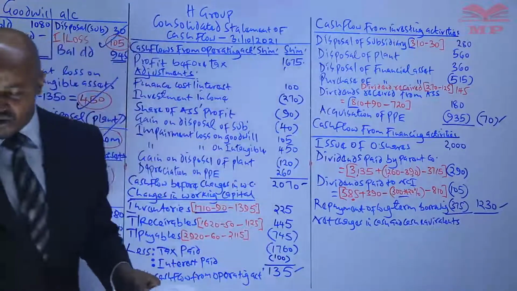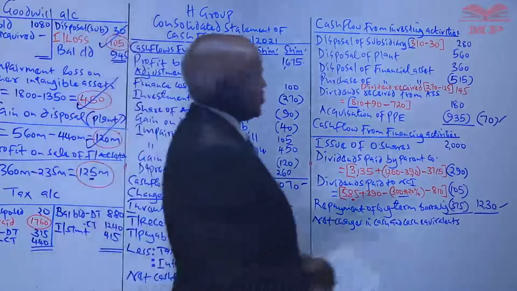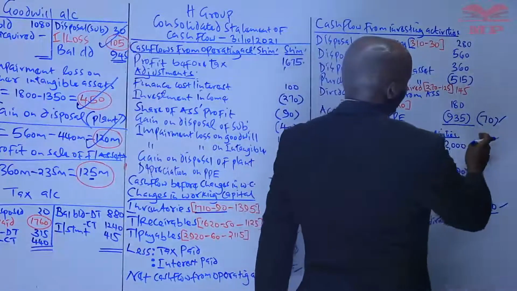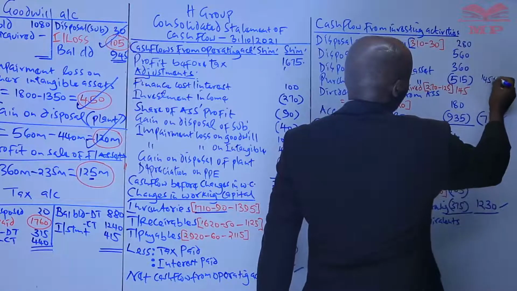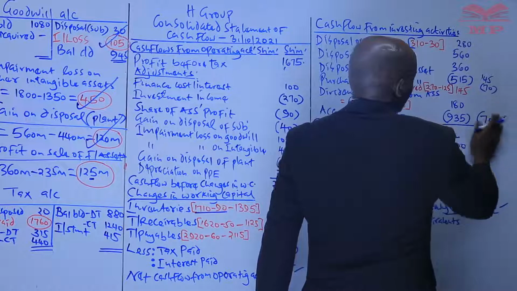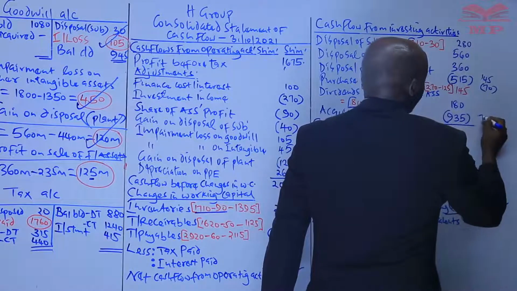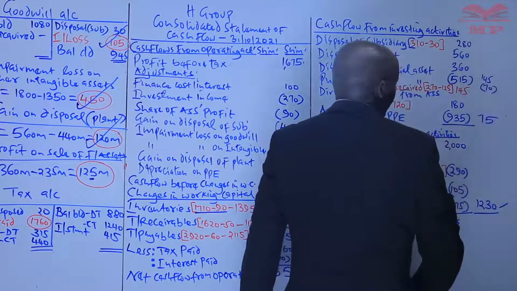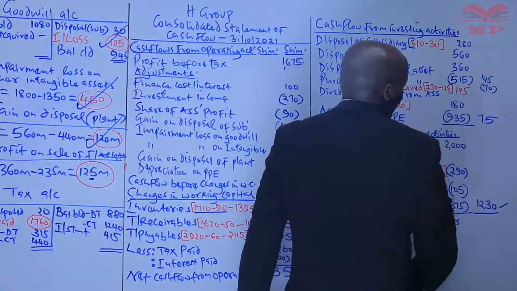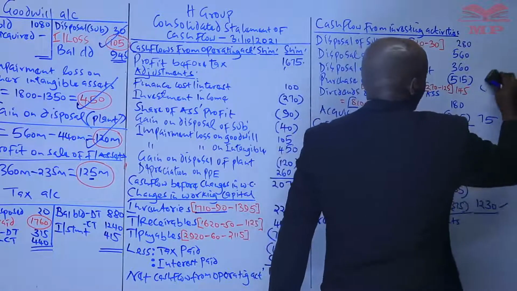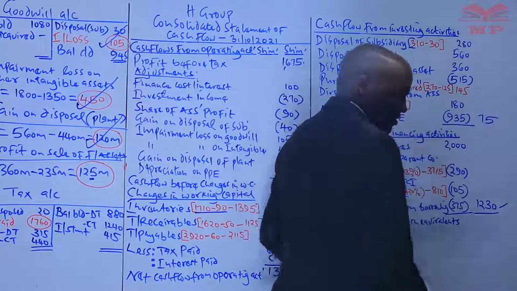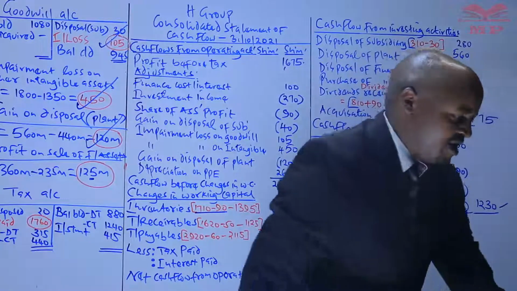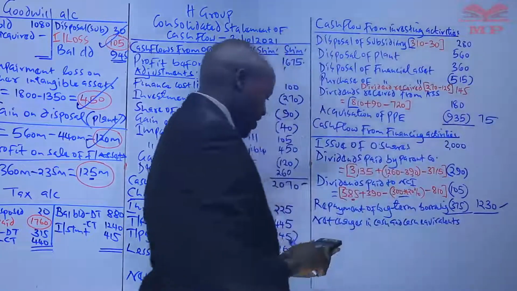So what we need to do is basically to correct this figure, and if we take 145 minus 70, automatically that will give us positive 75. Having that, we can now proceed and finalize by getting the net changes in cash and cash equivalent.